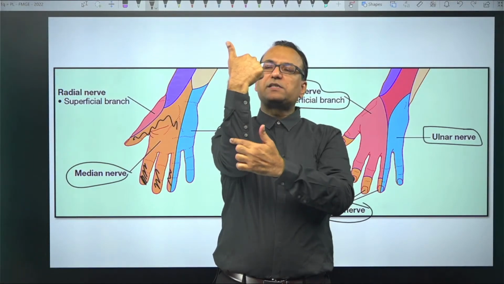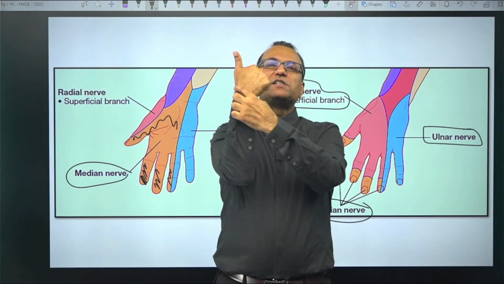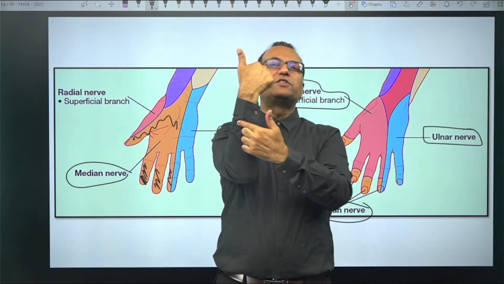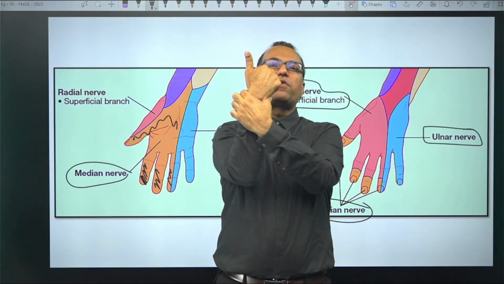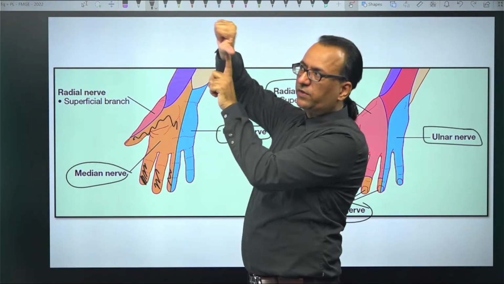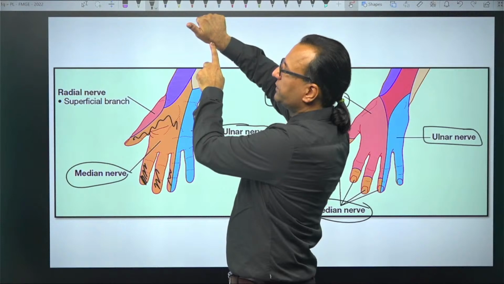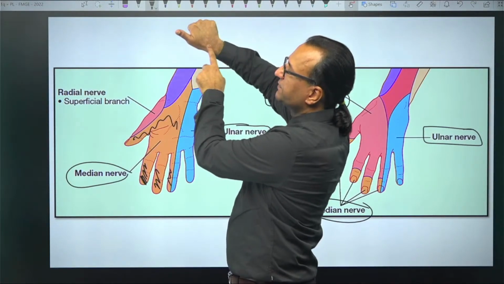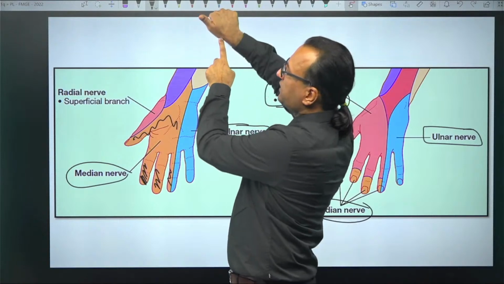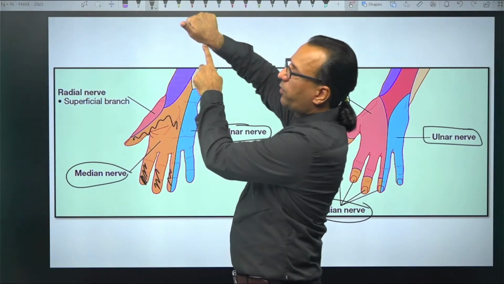If it is extensor pollicis longus, it is the posteromedial boundary. If it is extensor pollicis brevis, it is the anterolateral boundary. I'll repeat again. The anatomical snap box is bounded by two extensors of the thumb, long and short.